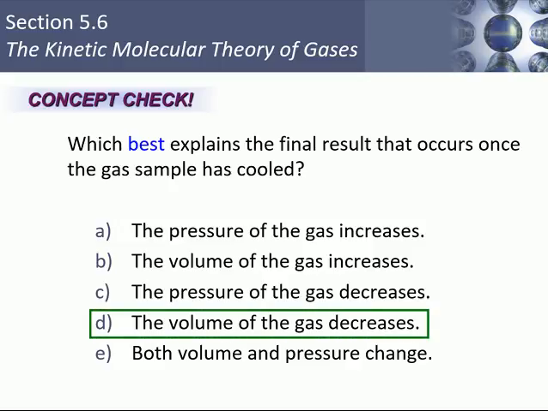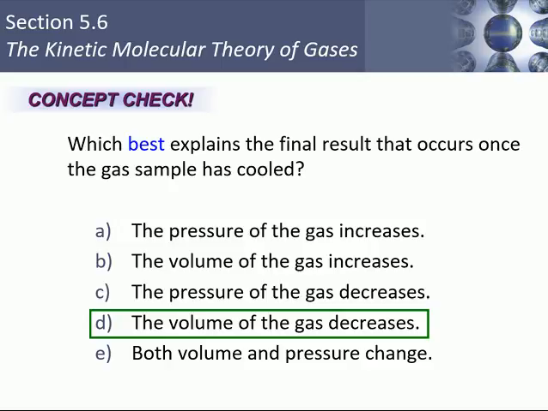And I hope you picked D, the volume of the gas decreases. Again, the system was such that the piston was going to ensure that pressure remained the same, and it was a closed system, so the amount of moles could not change. And so the only thing that can change is going to be the volume of the gas.